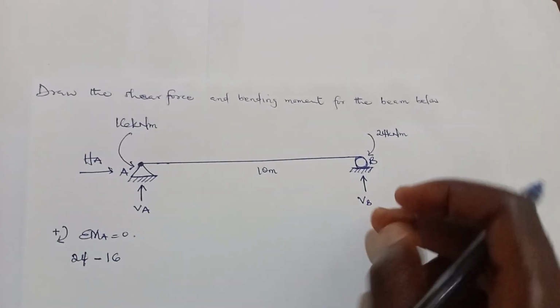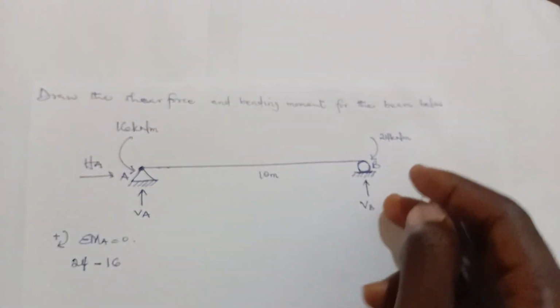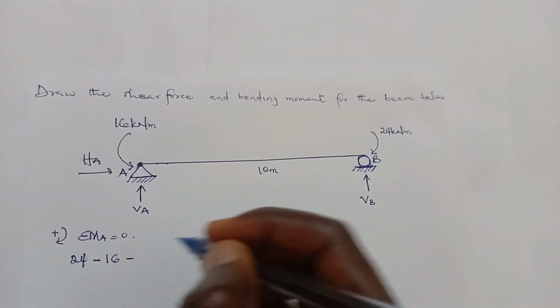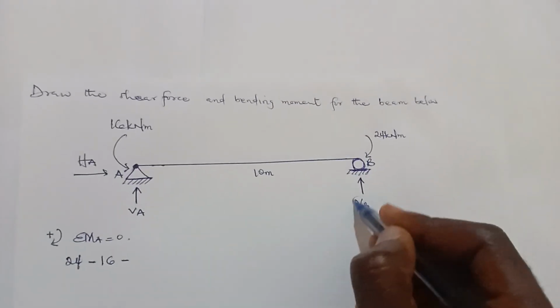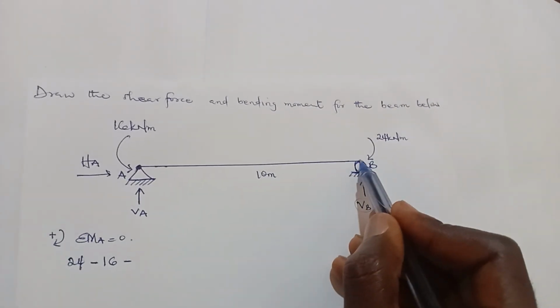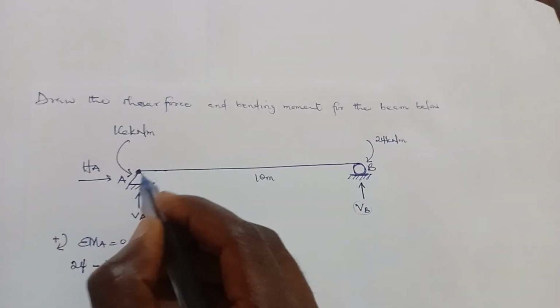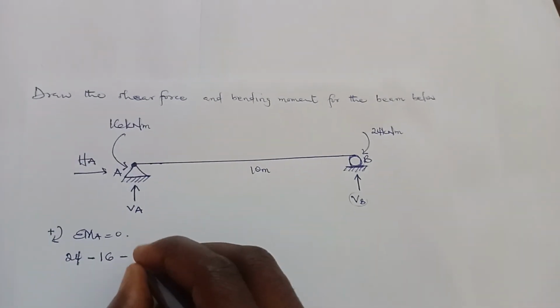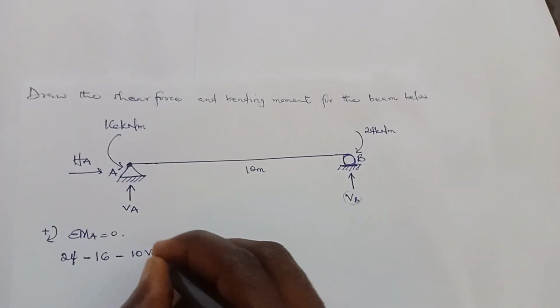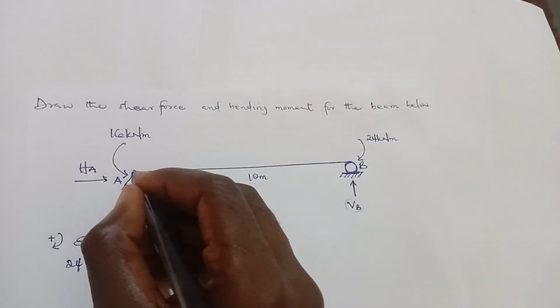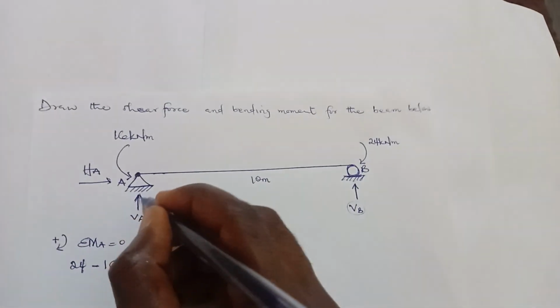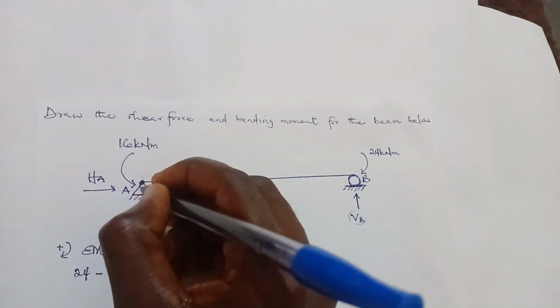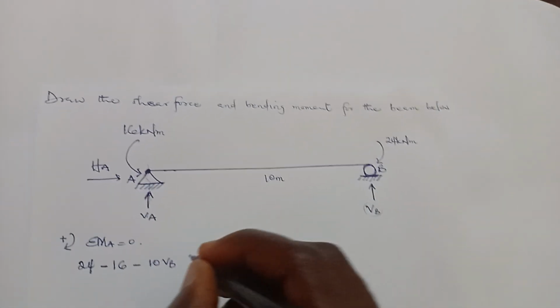VB will cause an anti-clockwise moment, so it's going to be negative, so minus VB times the perpendicular distance from where VB is acting to where I'm taking the moment, and that's 10. So it's going to be 10 times VB. These are the only forces that will cause moments. VA will not cause any moment because its line of action passes through where I'm taking the moments.